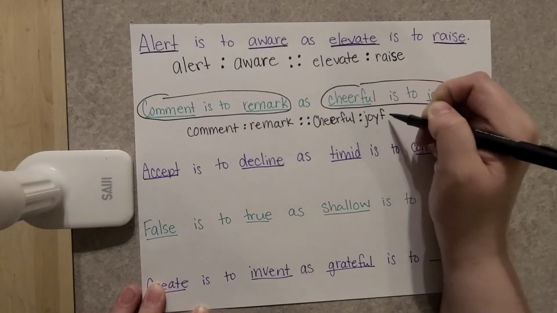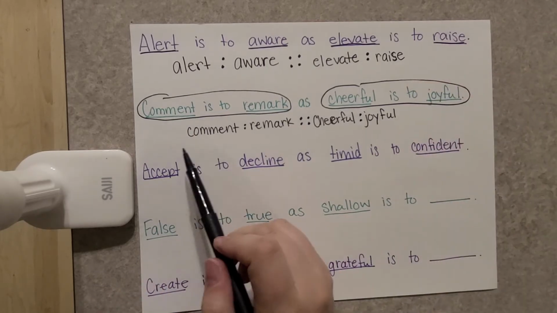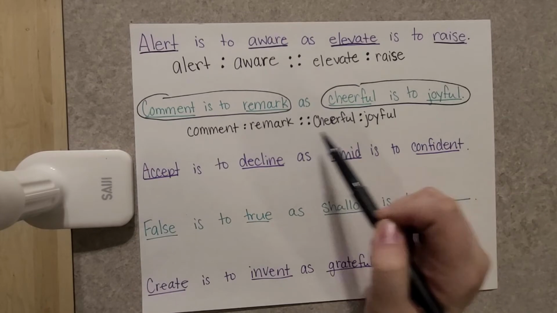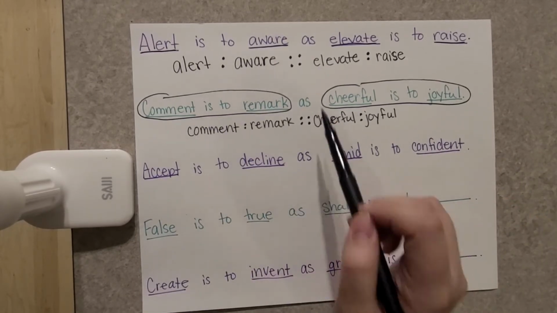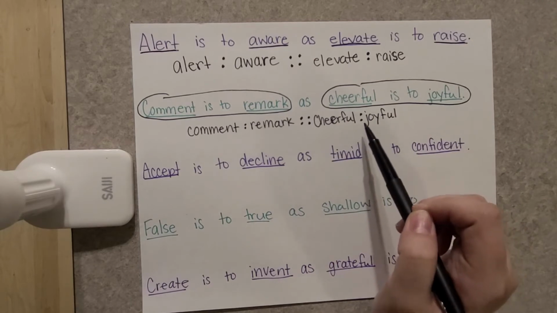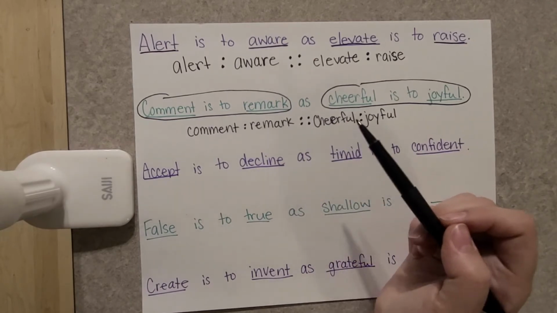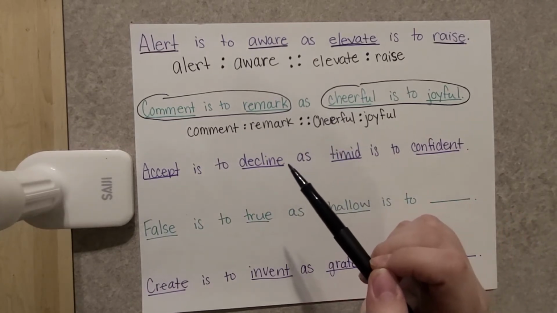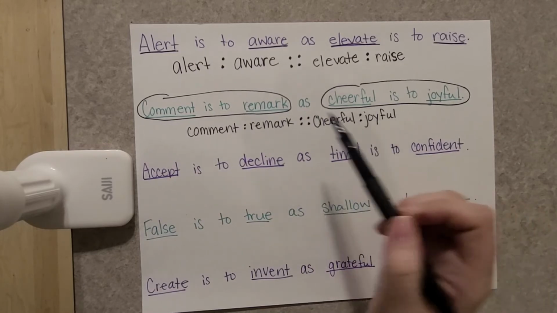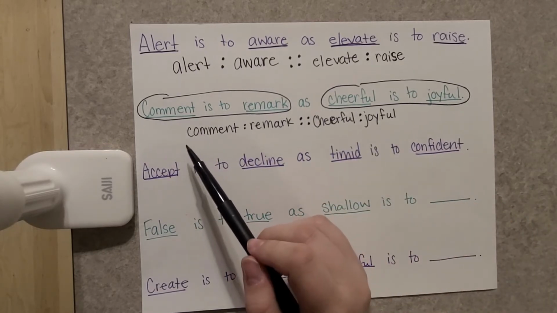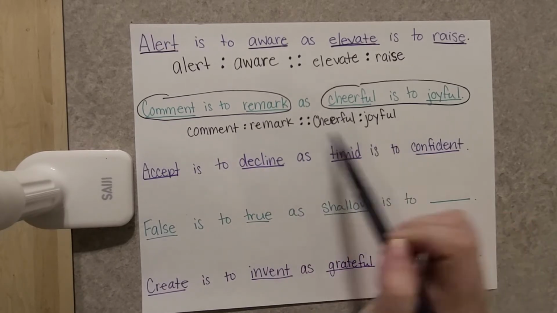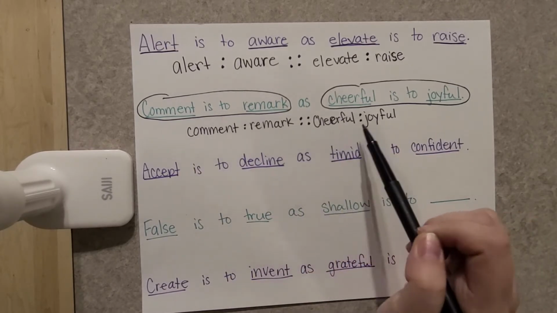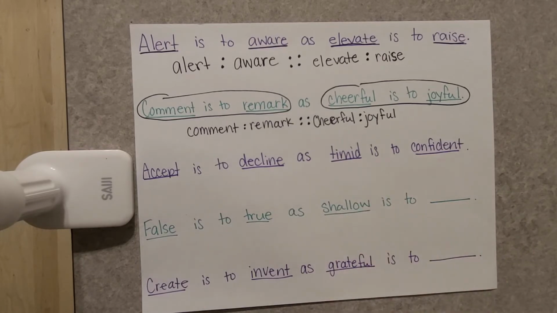And when I would read this formal analogy, I would use the words is to, as, and is to in place of the colons. It's kind of like an equation. It's just a symbol to represent something I'm going to say or what it means. So I would say comment is to remark, as cheerful is to joyful, even if I only had the colons in there, the symbols in there.